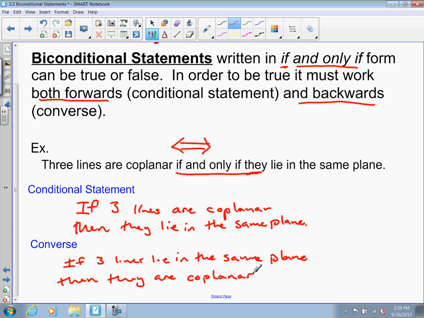Okay, so remember, coplanar means in the same plane. So it makes sense, I think, to have this be a biconditional, that it works both ways. You know, if they're coplanar, then they're in the same plane. It's kind of by definition of what coplanar means.